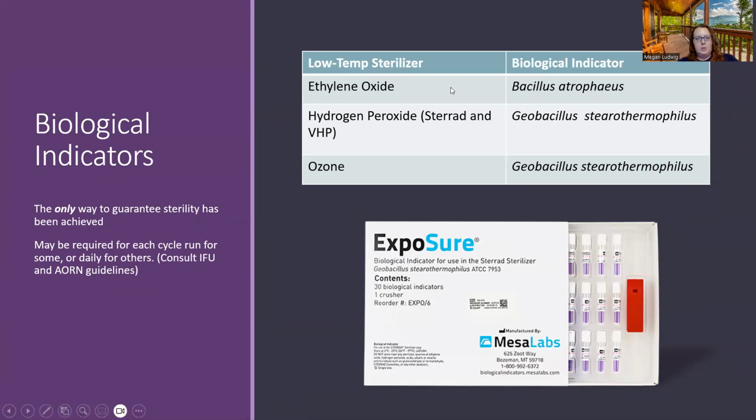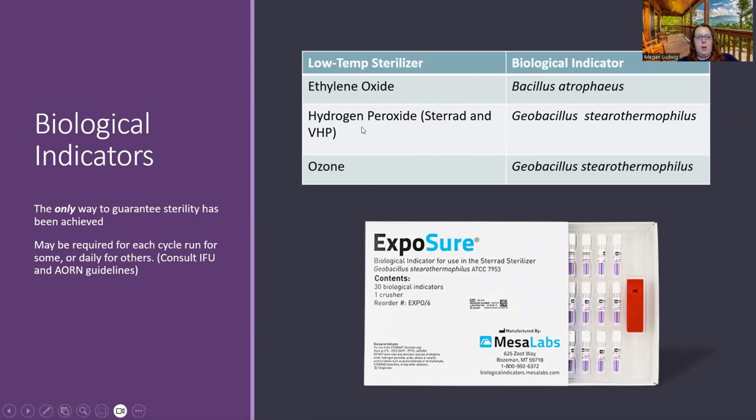And the reason for that is because a biological indicator, here's a little picture, is like a little vial of a certain bacteria's spores. And you're going to place one of these vials in every load that you run. Or your facility may say every 12 hours or every 24 hours to make sure that machine is working properly.